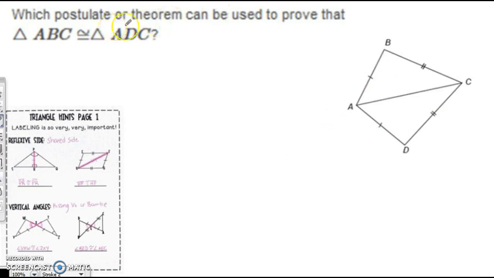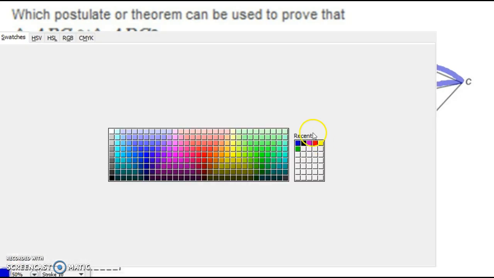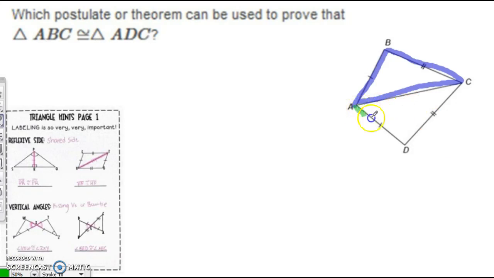Again, which postulate or theorem can be used to prove that they are congruent? Let's go ahead and color code. We have a blue triangle and a green one. So far, in the blue triangle I'm given 2 sides, and in the green triangle we're given 2 sides.